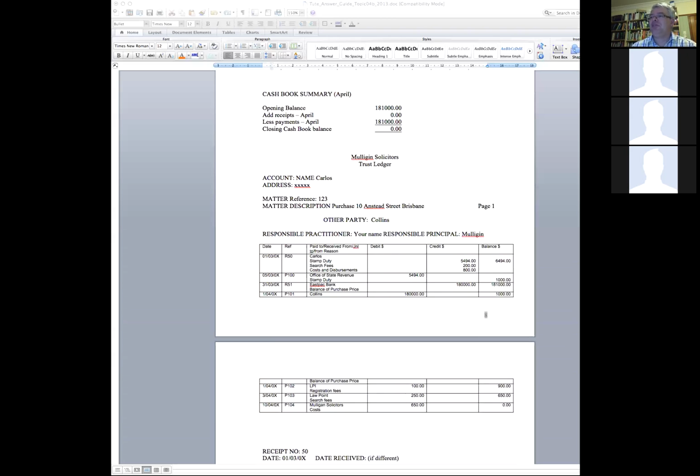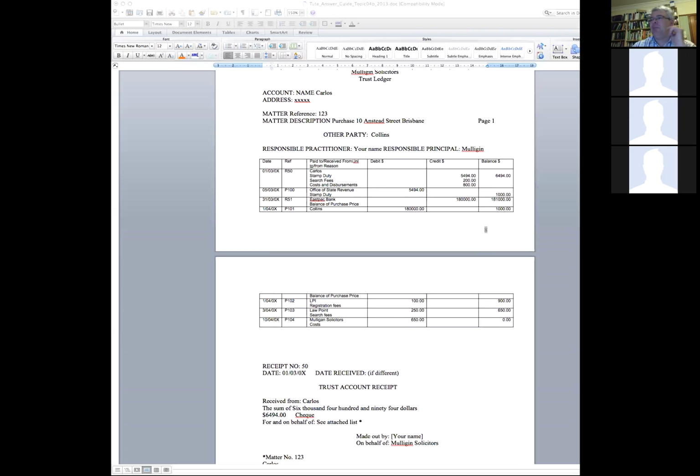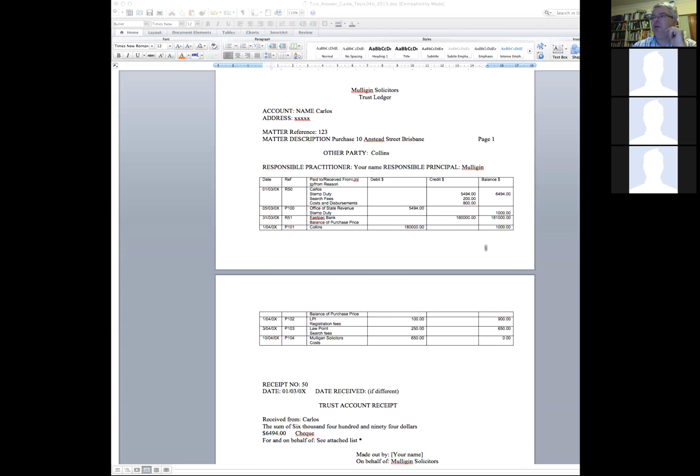The actual trust ledger is shown there now, and all the trust ledger is doing is capturing those payments that were made and also the receipts that were received in relation to this particular client. So this is the ledger that shows you the position of the client at any particular time.